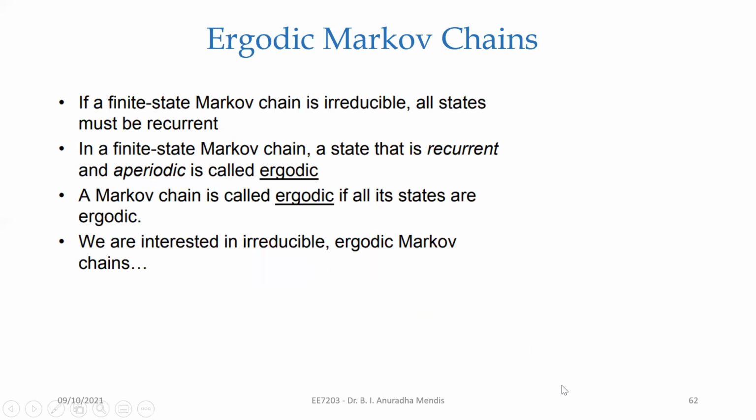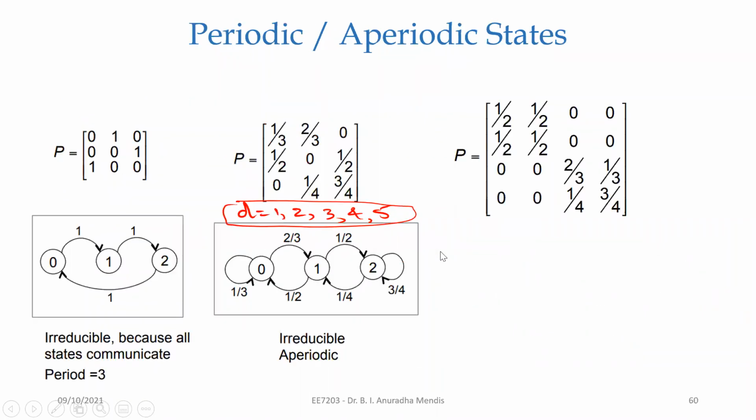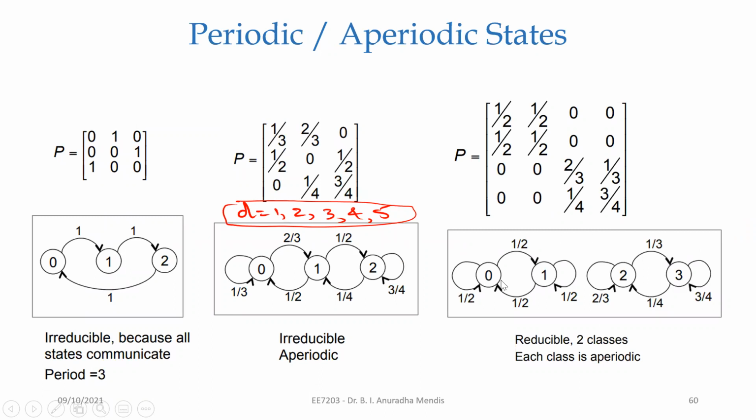Now, ergodic Markov chain. An ergodic Markov chain means that if all the states are ergodic, then we call it ergodic. So what is the meaning of ergodicity in a state? Here you can see, in a finite state Markov chain, it is irreducible and all states must be recurrent. The Markov chain should be irreducible. That means this type of Markov chain we are not going to handle in this lesson.